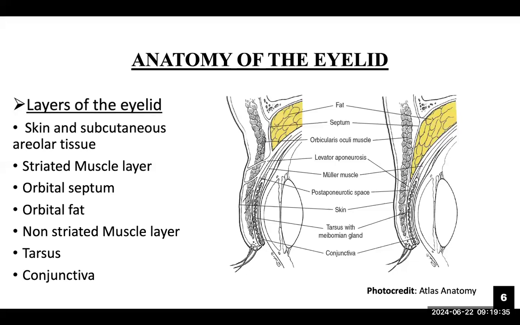Beginning from the most superficial, it has the skin and the subcutaneous areolar tissue. Beneath that is the striated muscle layer, the orbicularis oculi muscle. Then we have the orbital septum and orbital fat, then the non-striated muscle layer, then the structures that make up the posterior lamella, the tarsus, and the conjunctiva.